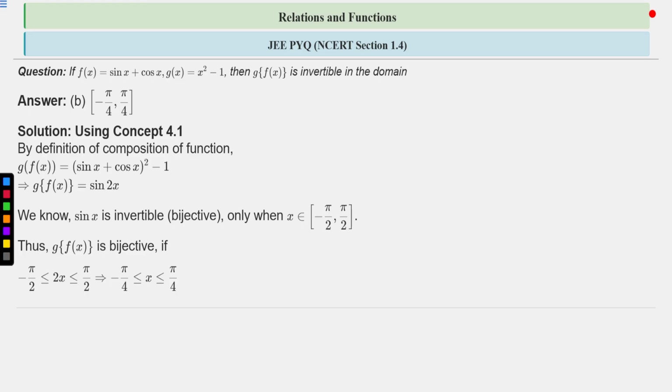This implies x should be between minus pi by 4 to pi by 4. Therefore, we can say that option B will be the right option.